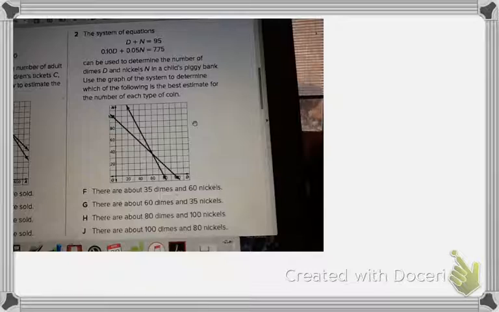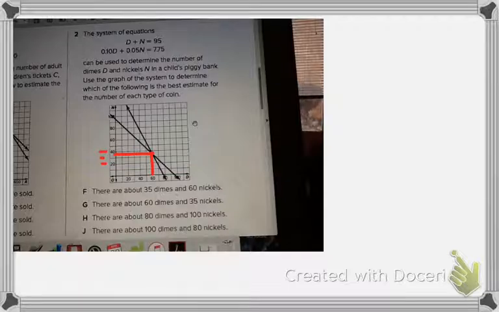I'm looking for the intersection, which is right here. That's where the two lines intersect. If you notice, that's right at 60, and it looks like it's between those two marks. If this is 20, this is 30, this is 40, it has to be between 30 and 40, which is 35.